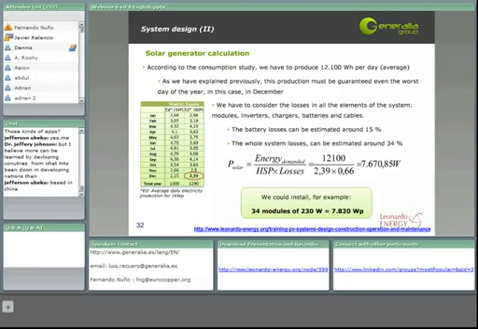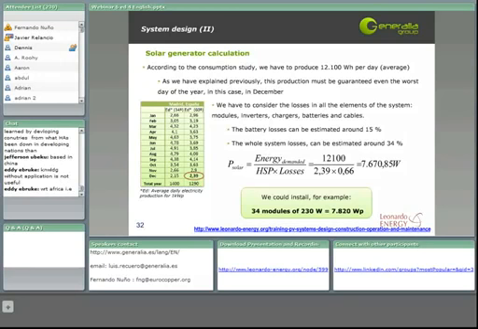We insist that in this type of systems the performance ratio is lower than in grid-connected systems. If you remember, for grid-connected systems the performance ratio was about 0.75, and now it is 0.66, because we have to include the battery losses that we have estimated around 15%.